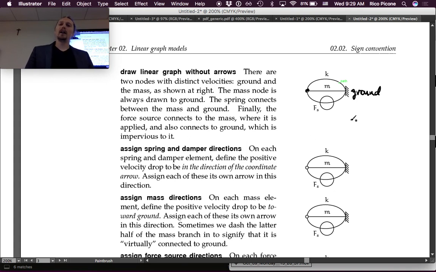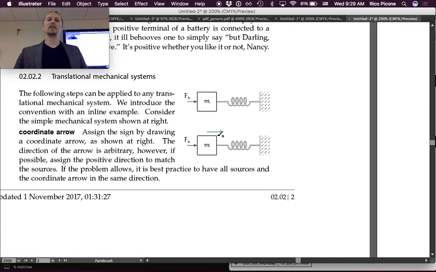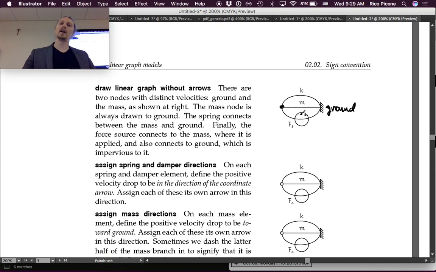Then the spring connects between the mass node and ground. It physically does, right? So the spring is in between the mass node and the ground node. It connects to both. So in the linear graph, we have to draw it between the mass node and the ground node. And then finally, the force source connects to the mass where it is applied.